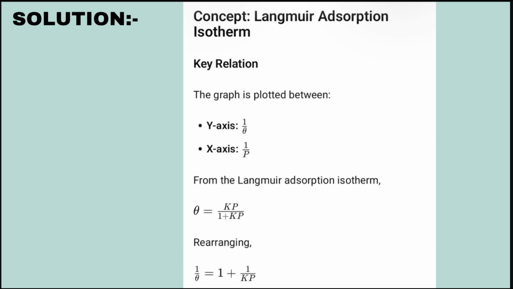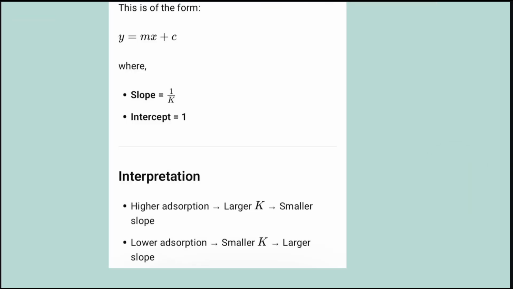Now we'll see the solution. The concept used is the Langmuir adsorption isotherm, and the graph is plotted with y-axis 1 by theta and x-axis 1 by P. From the Langmuir adsorption isotherm, theta is equal to kP divided by 1 plus kP. Rearranging, 1 by theta is equal to 1 plus 1 by kP. This is of the form y is equal to mx plus c, where slope is equal to 1 by k and intercept is equal to 1.